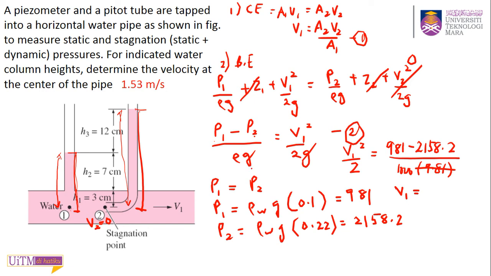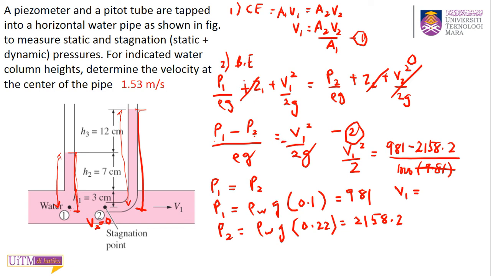I think there's something wrong. P1 plus P1. Oh, okay. Can someone point out where I made a mistake? Negative, sir. I forgot to put a negative, sir. Where? Here, in the equation. Yes.